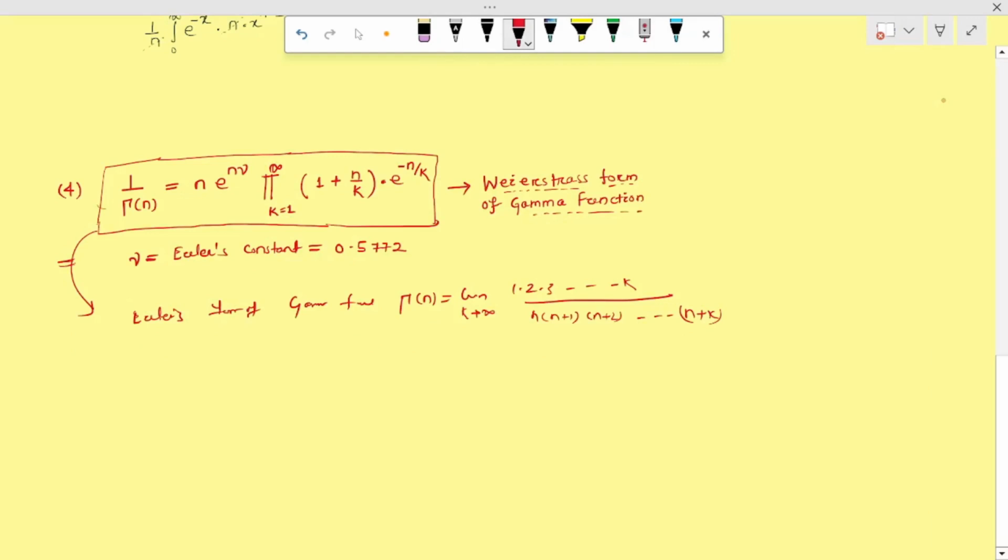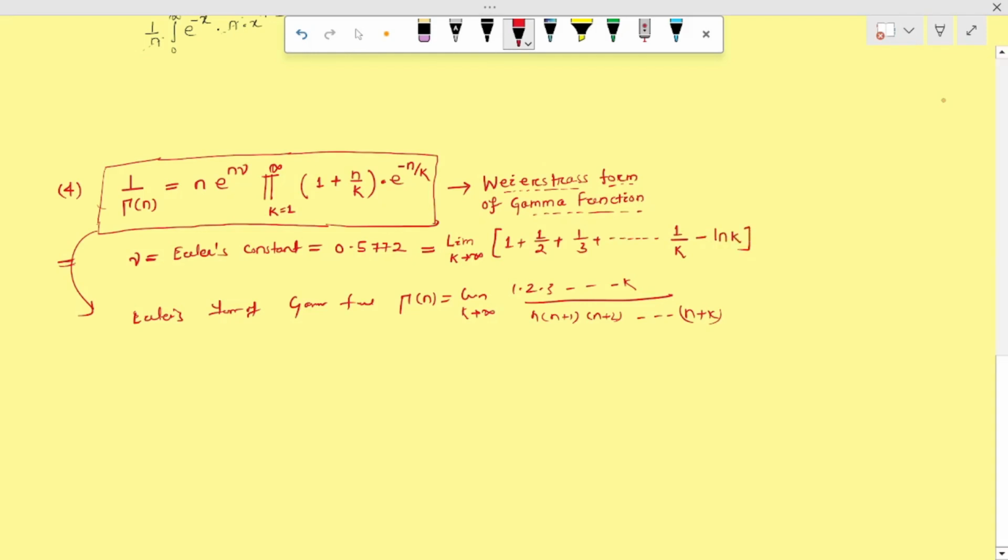Here mu is called Euler's constant, and its value is 0.5772, and this can also be represented by the limit as k tends to infinity of 1 plus 1 by 2 plus 1 by 3 plus and so on up to 1 by k, minus ln k.